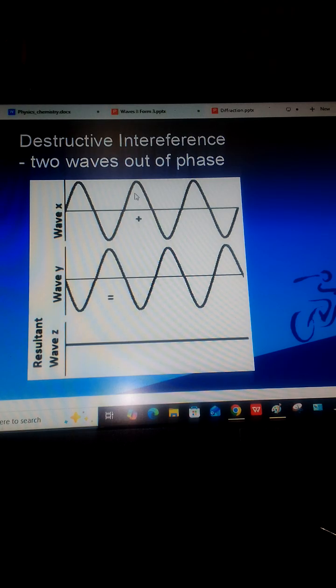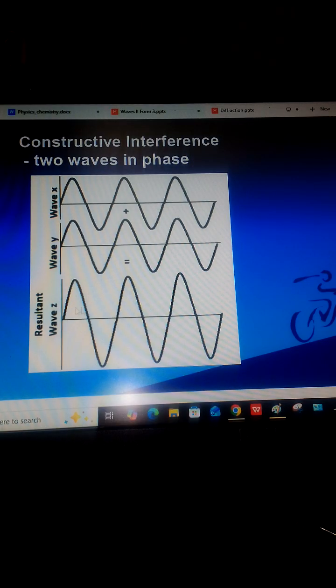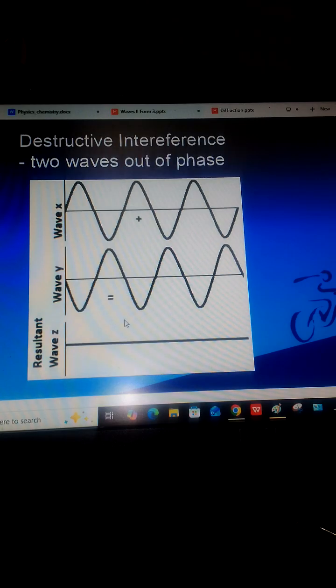So the two waves are out of phase. So the result, that is wave Z, is destructive interference. Okay? Unlike in the first case, where we have constructive interference.